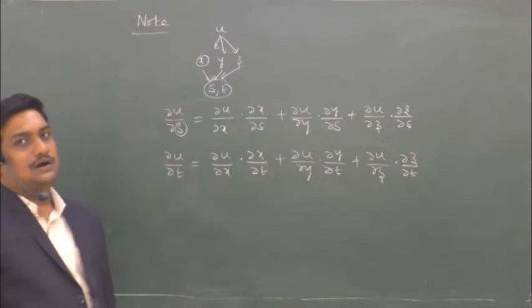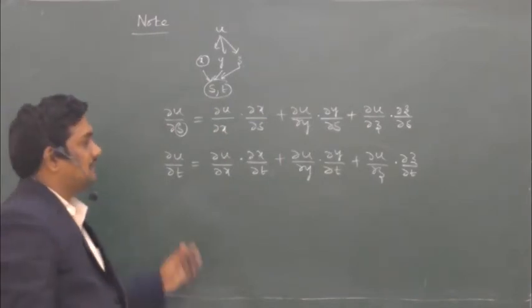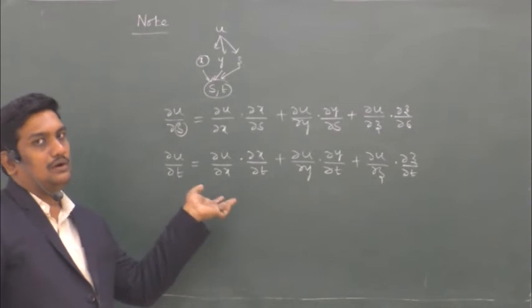These are also called the chain rule or total derivatives.